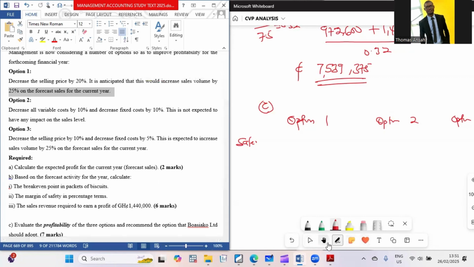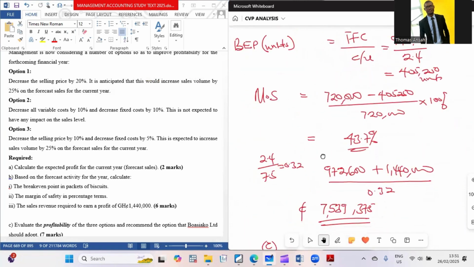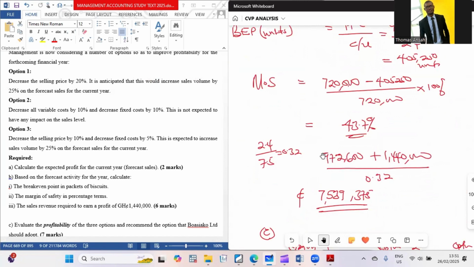But what was the selling price? The selling price was this, right? And it is saying that this selling price will go up. So it means that we have to shoot it up.